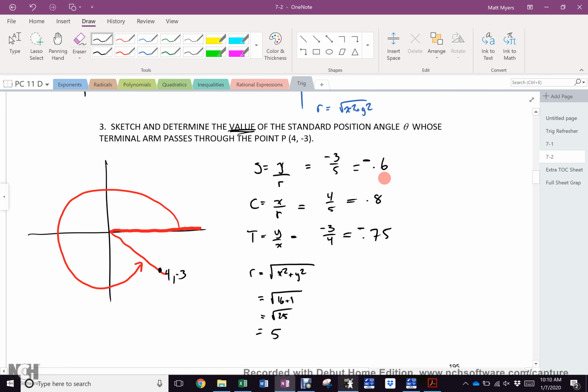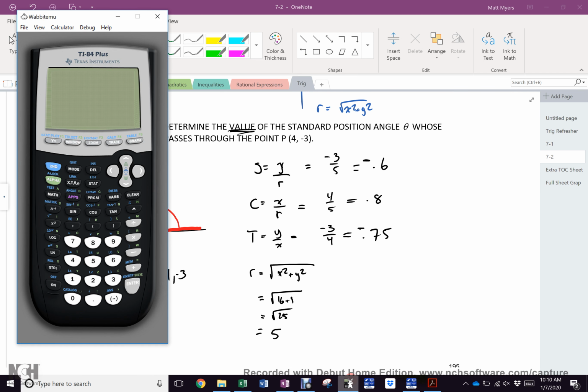So what am I going to do to find this angle? I'm going to go shift sine of what? I could use the decimal or I can use brackets. Negative 3 divided by 5 and close the brackets. Everybody cool? Now watch what my calculator is going to give me. Negative 37 degrees. Everybody cool?